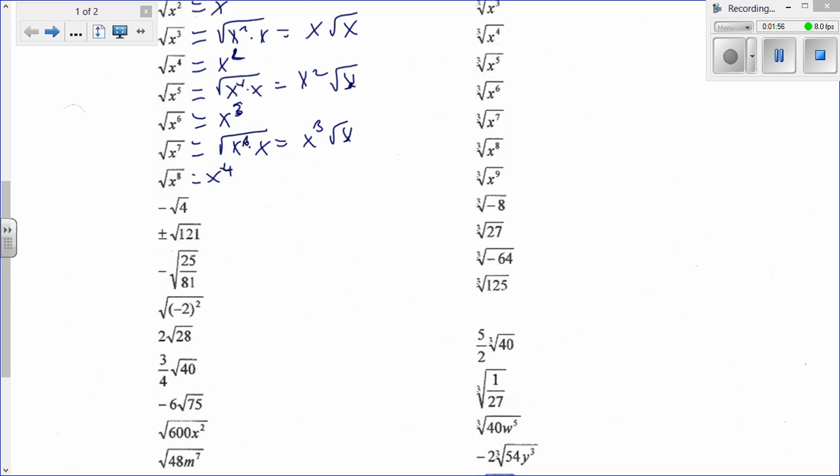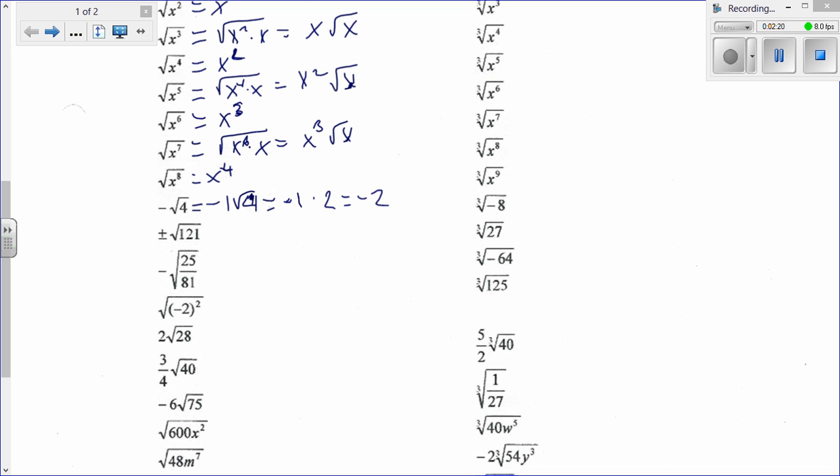Negative radical 4 is like saying negative 1 times the square root of 4. So that would simply be negative 1 times 2, which is negative 2.